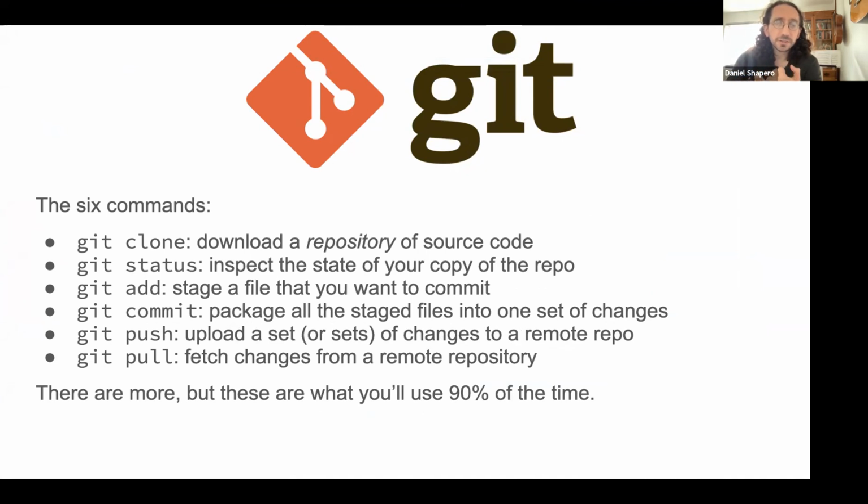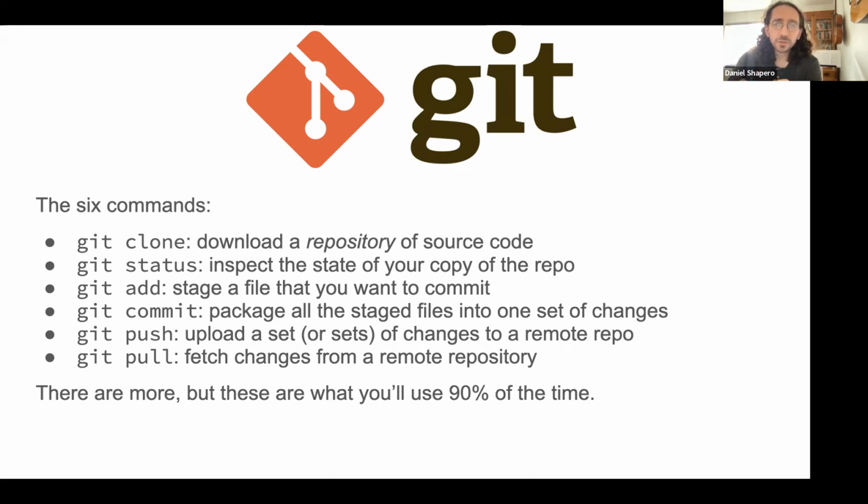First is to fetch some source code or a repository of source code from the internet. Second is to check the state of that source code if you've made any changes to it. Next is to add, or stage, files of that repository, if you have changes, some of which you may want to add back to the internet later.